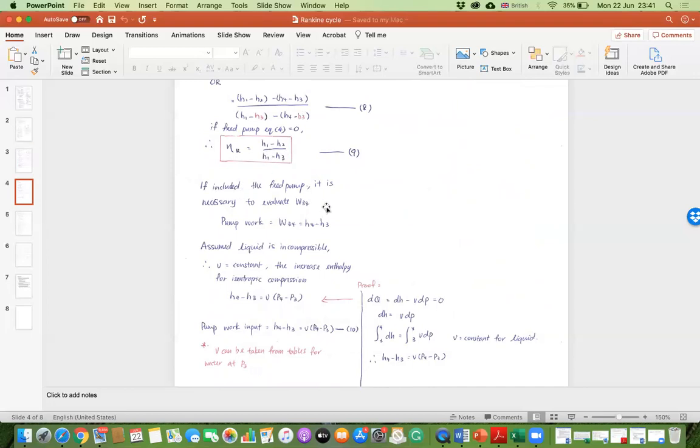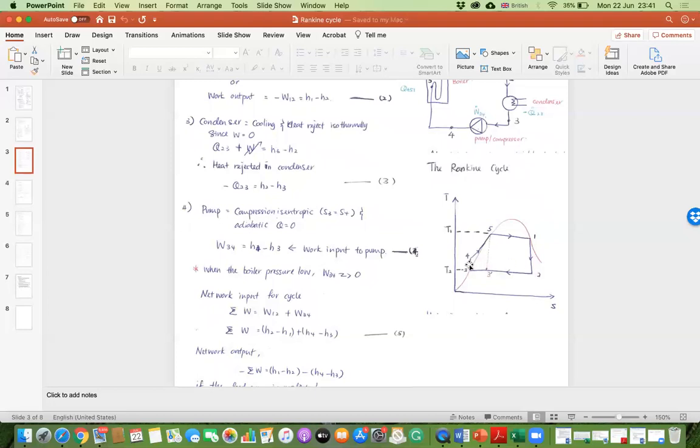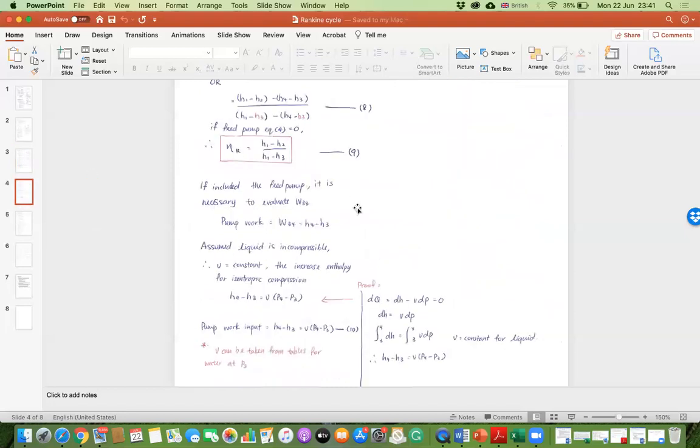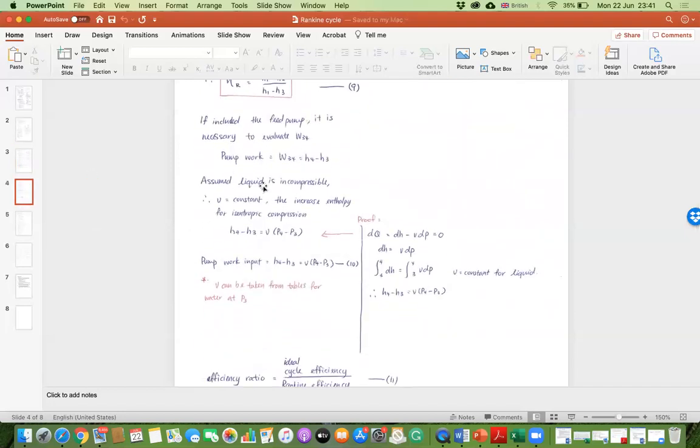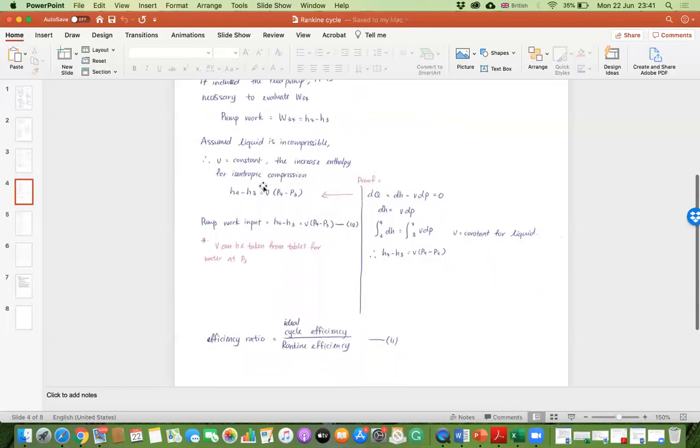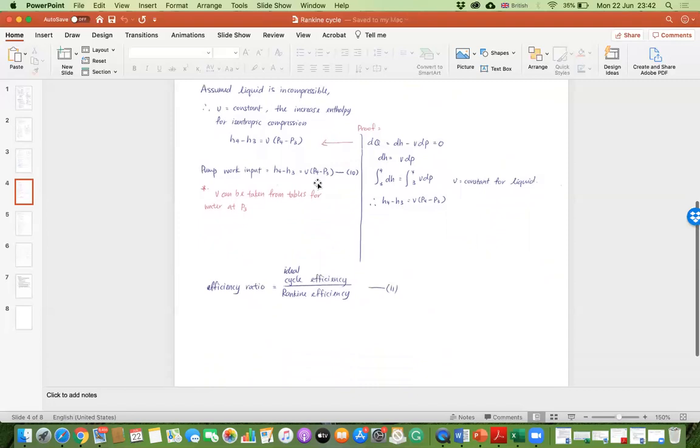If the feed pump is included, it is necessary to evaluate the work from 3 to 4. The work 3 to 4 is the pump. Assume the liquid is incompressible, so the specific volume is constant. The enthalpy increases for isentropic compression. So this is the equation.